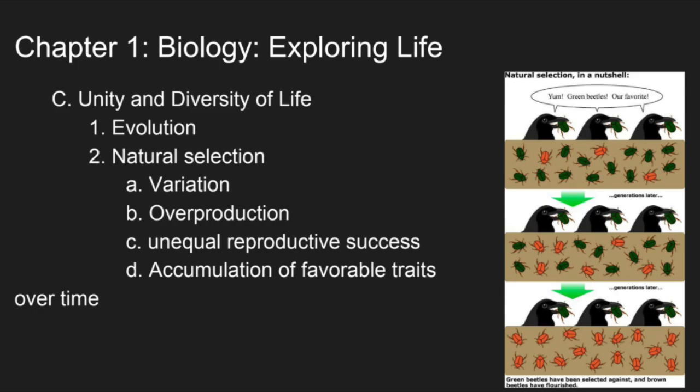Overproduction is going to be when the organisms are, as it's said in the definition, overproduced. So when we look at that, let's say, for example, a natural predator has disappeared from an ecosystem, and a species overproduces.